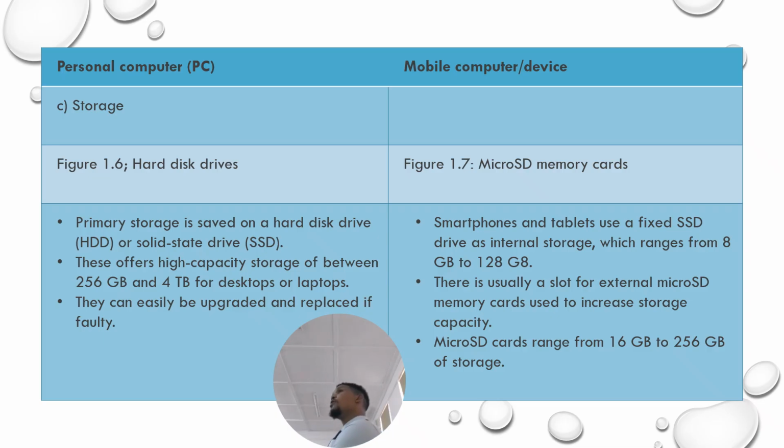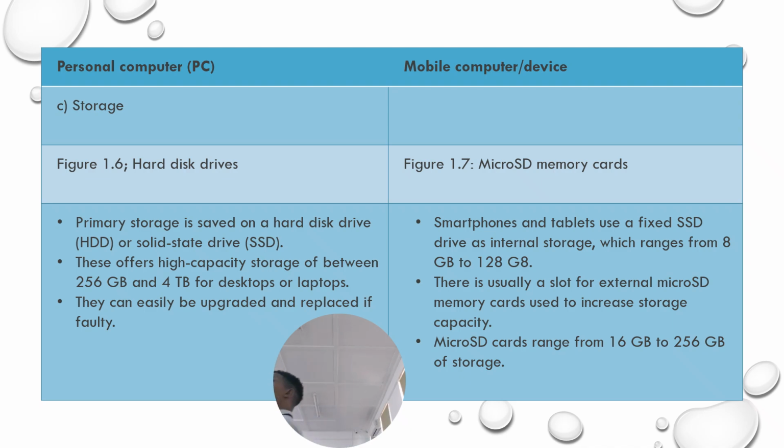Storage. So here we look at the different storage of these two devices. Primarily the storage on the computer is a hard disk drive or a solid state drive. The acronym there is HDD or SSD. These offer high capacity storage between 256 gig and 4 terabyte.